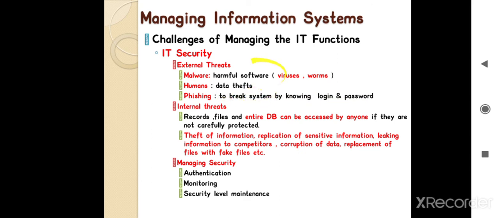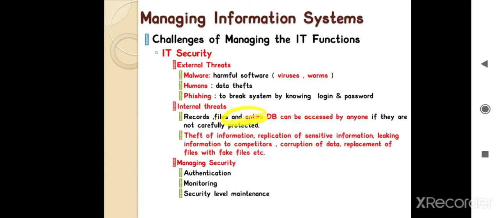So these are a few of the examples of external threats. Now, what can be the internal threats which can compromise our IT security? Records, files or the entire database can be accessed by anyone if they are not carefully protected. Suppose we are sitting at a machine which has important data, and meanwhile we are not at our place and another person comes and gets access to that data.